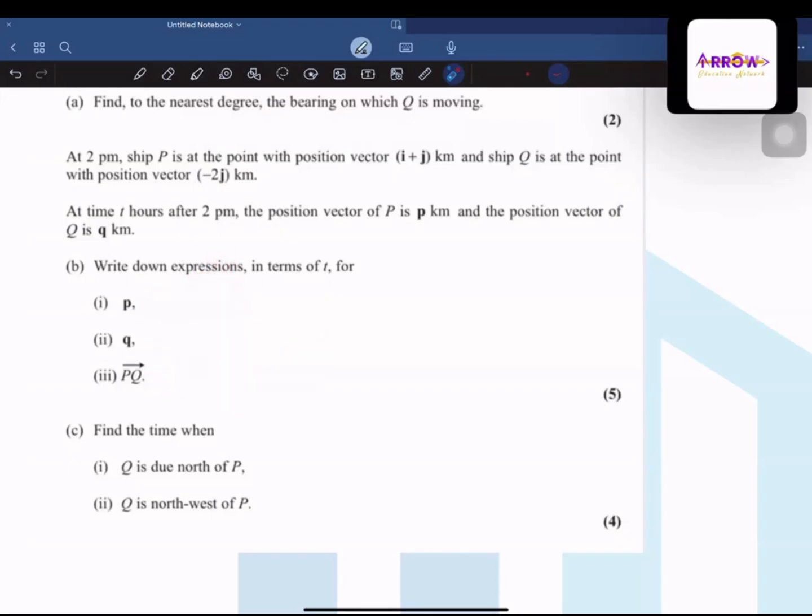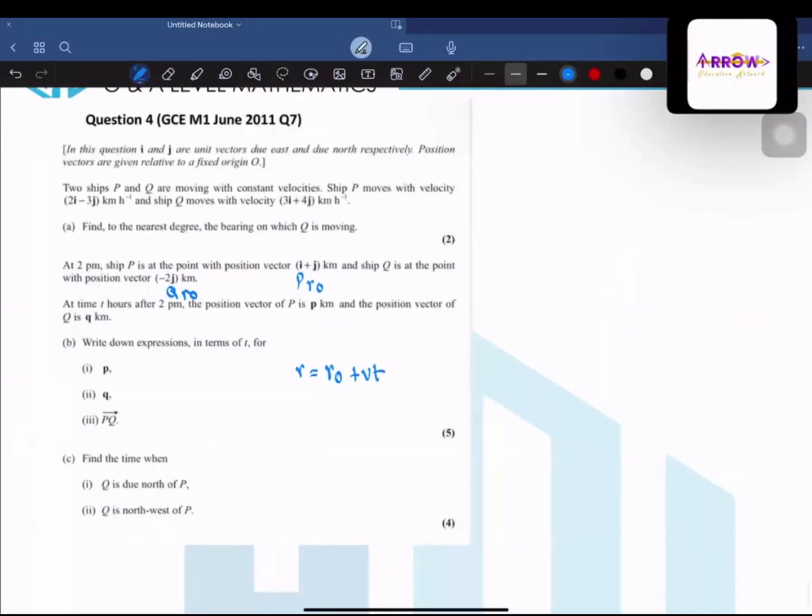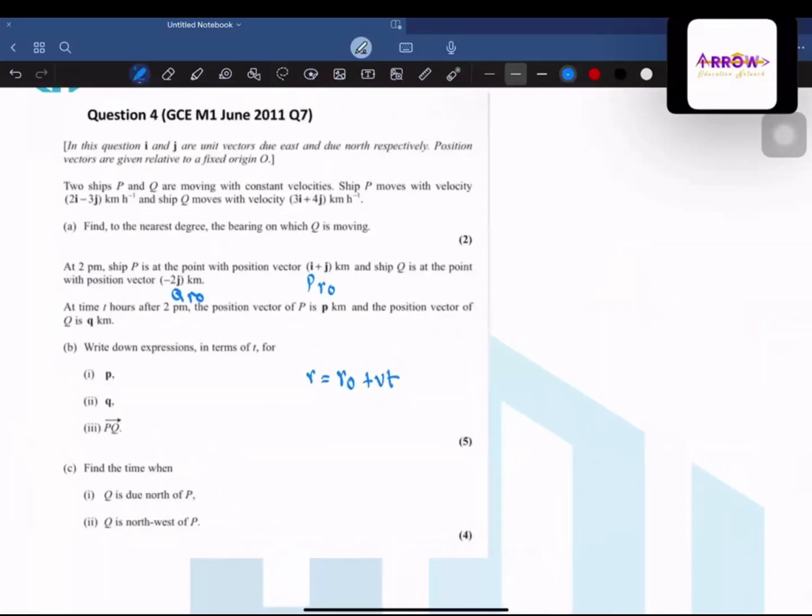As simple as that. Here we have the r naught of ship P and the r naught of ship Q. So r equals r naught plus vt, where r naught is the initial position vector, and the constant velocity vectors we already know from the information above.